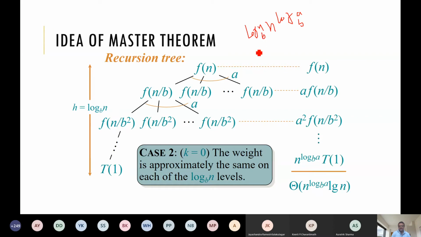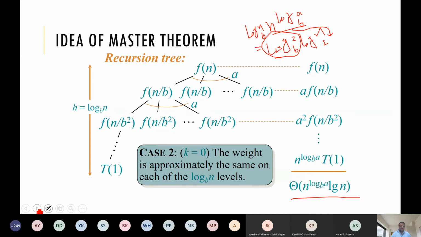We can take this as a log b base 2 over here, into log n base 2, into n to the power log a base b. Okay. So now this is just a constant term, just another c. So we get this expression. So that's why this log n factor is coming. If k is more, then we already have a log factor, and then the log n is coming due to this height.